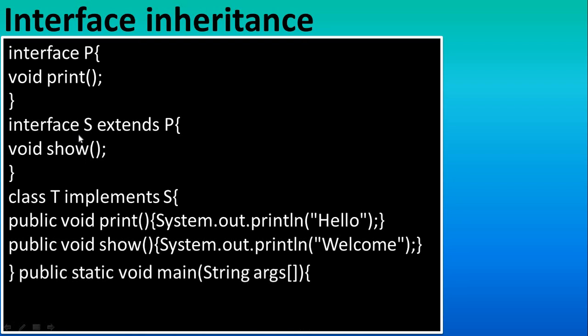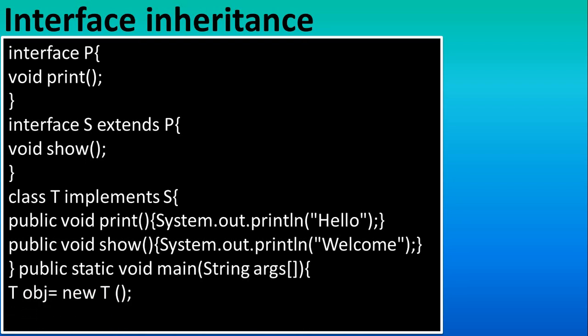This concept is very important, friend. As usual, you take the main method in the program and create the object of class T, and call the print and show methods to get the output.